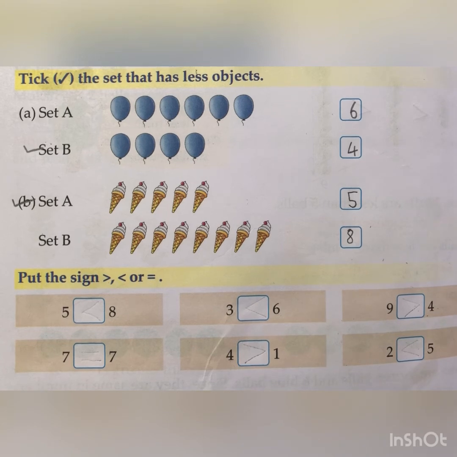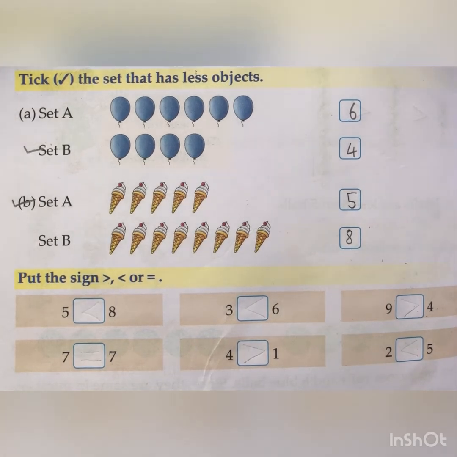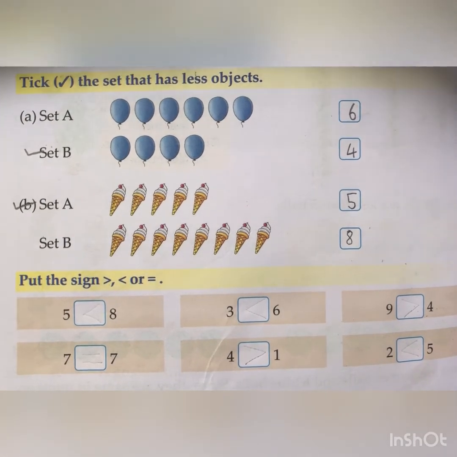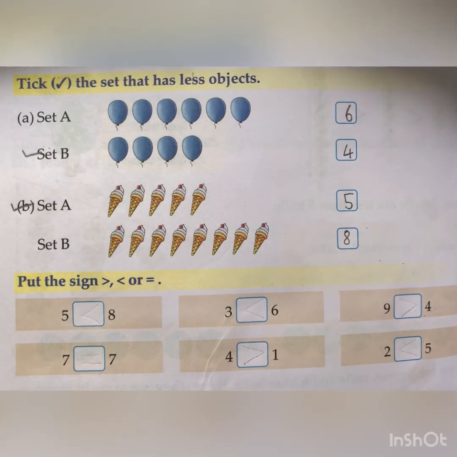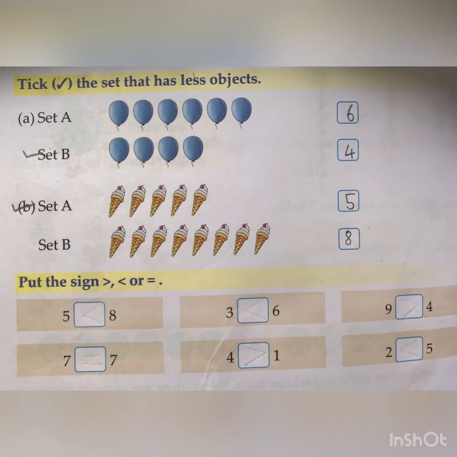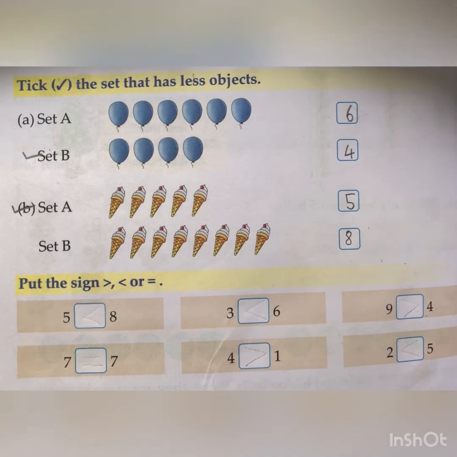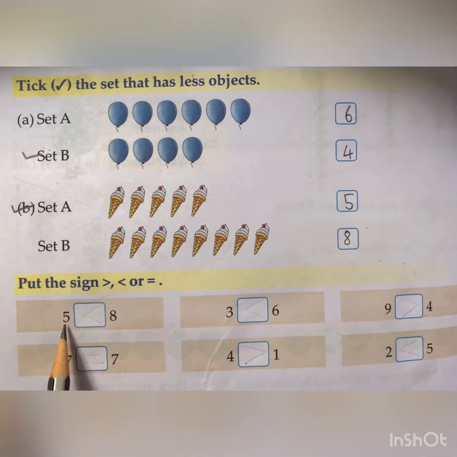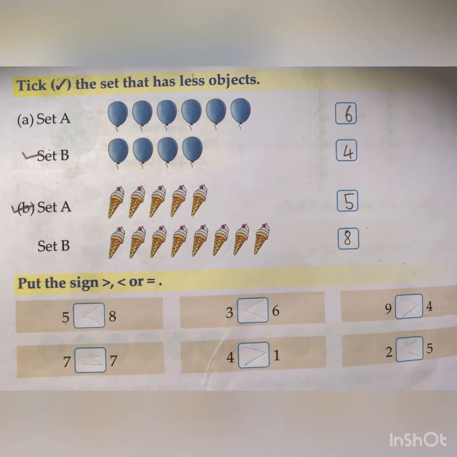Children, we will compare two numbers and we'll put the correct sign greater than, less than or is equal to. Let's check out the first two numbers, 5 and 8.